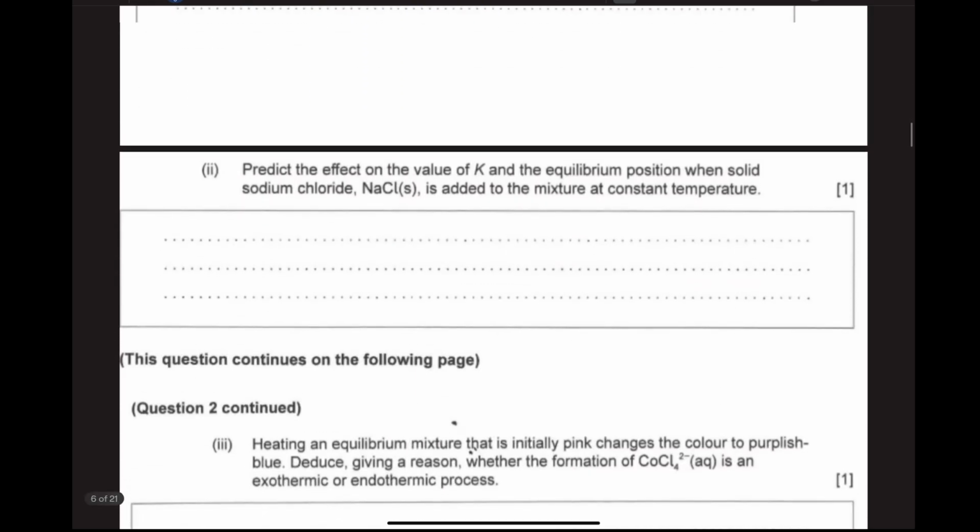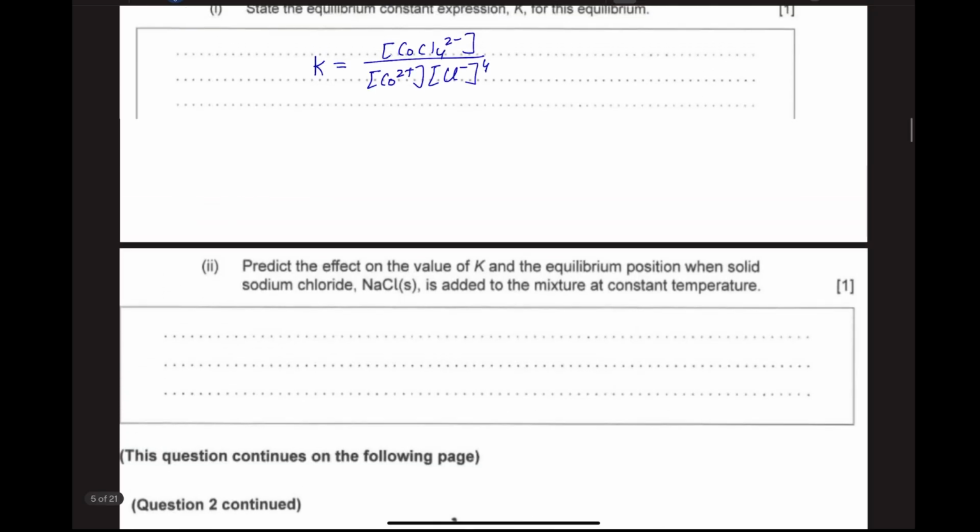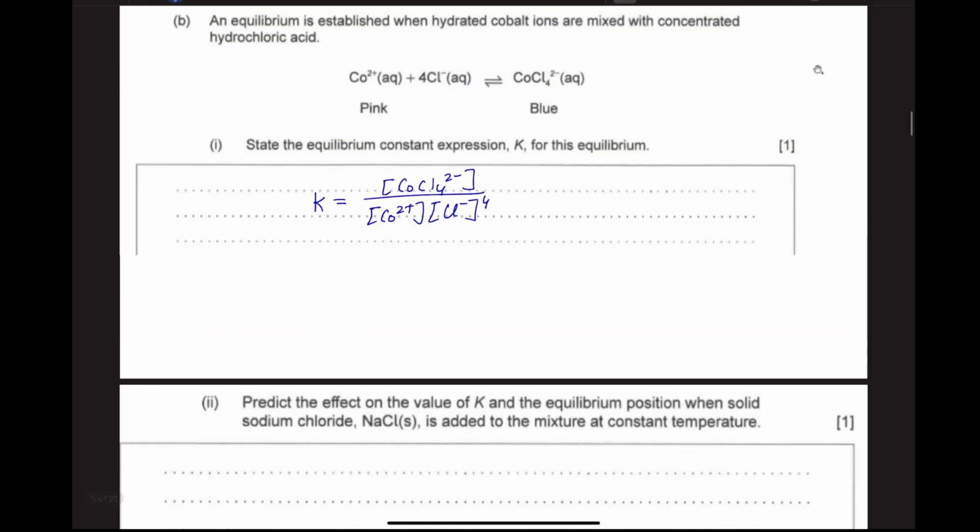Then predict the effect on the value of K and the equilibrium position when solid NaCl is added to the mixture at constant temperature. So when solid NaCl is added, we are increasing the Cl- concentration. As a result, the equilibrium will shift to the right in order to decrease the Cl- concentration, to reverse our change.